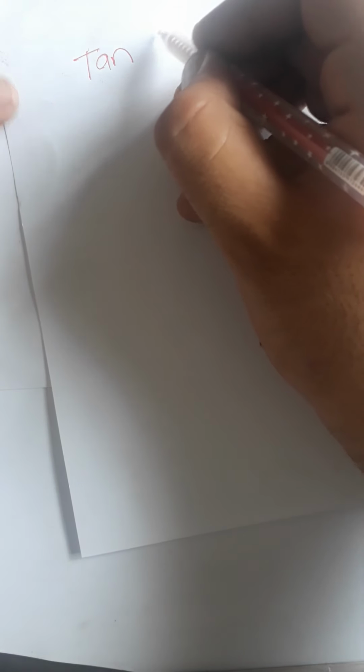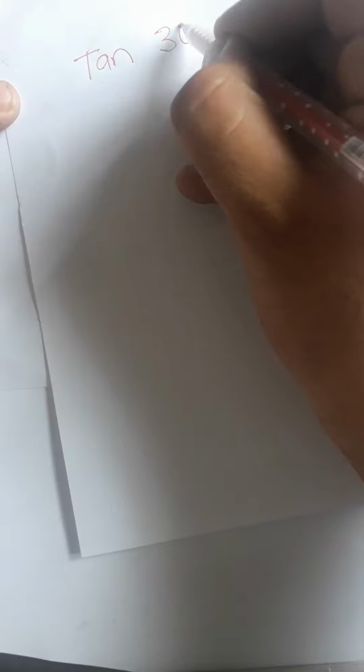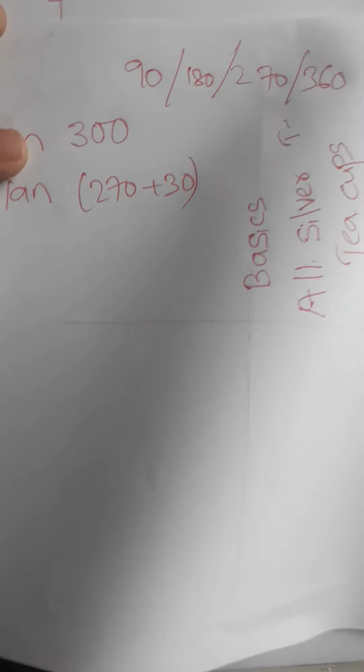Tan of what will we take? 300. Okay. Tan of 300, we can write as 270 plus 30. Just you see, 90 or 180 or 270 or 360. In these four only you have to make any plus or minus.